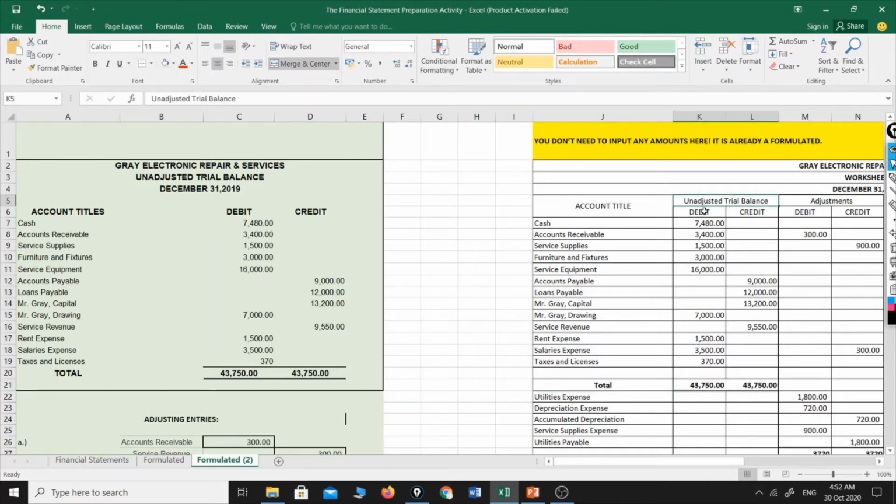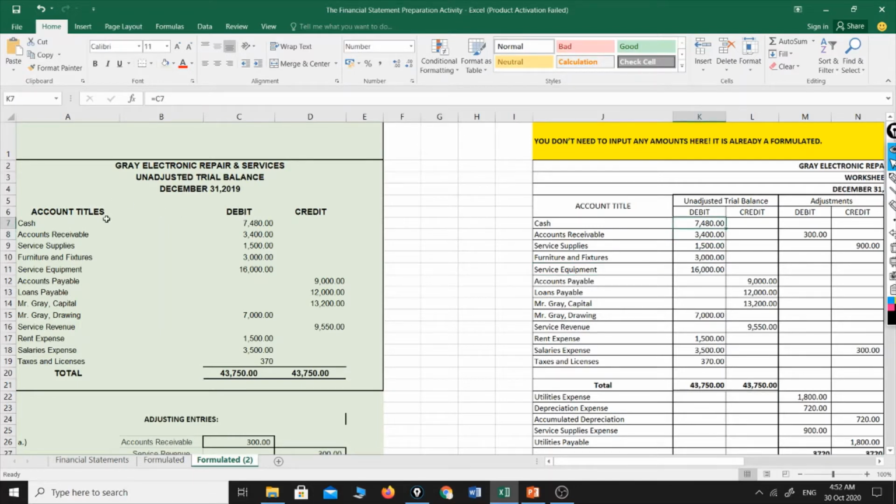We have the unadjusted trial balance section here, with the debit and credit columns. Simply transfer whatever is written in your unadjusted trial balance to the worksheet.